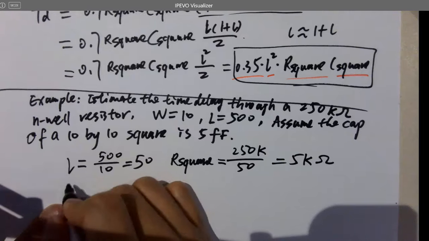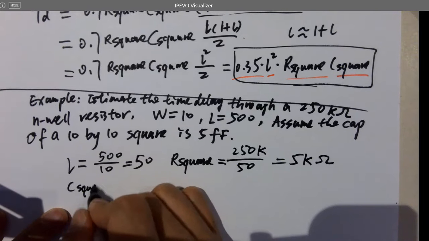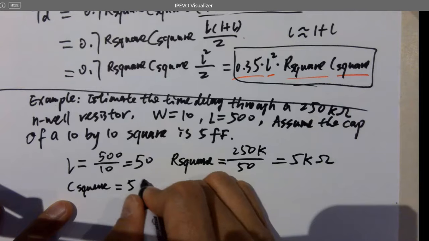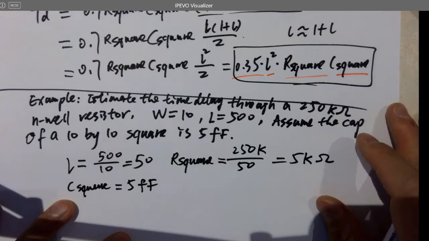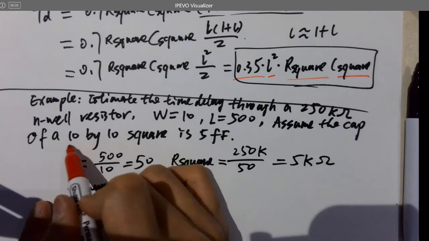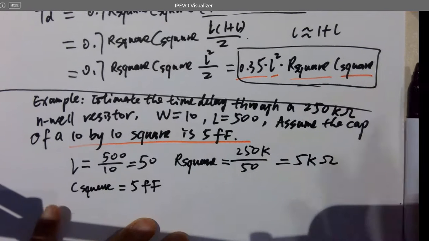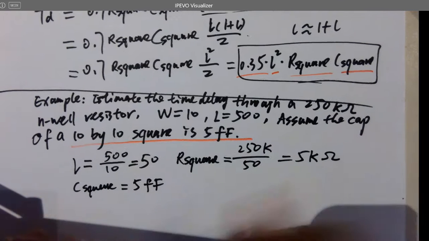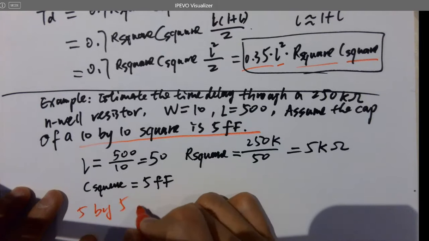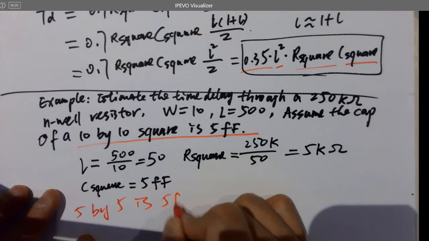So what is C square? Which is given, right? So this example is easier because it gives you the 10 by 10 square is 5 femto. So what if 5 by 5 is 5 femto?